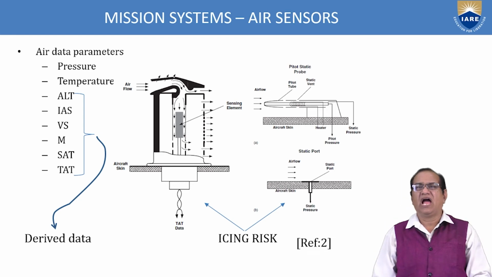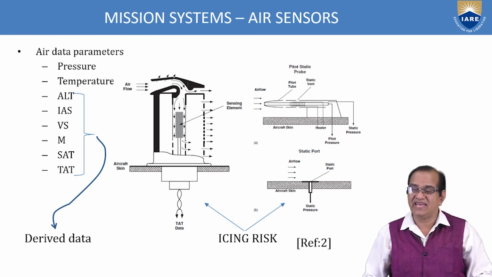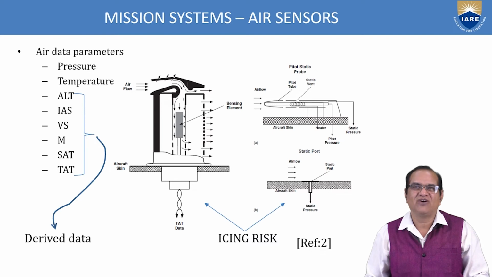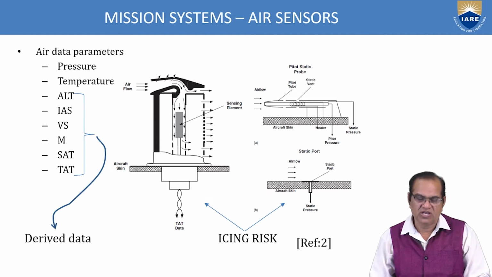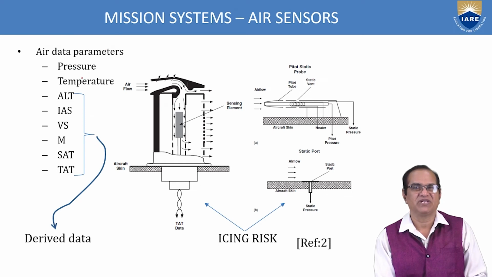So here I will talk about the mission system. Only the sensors I will talk about here. That is the air sensors which are operated. Mostly we take the pitot tube for this. For temperature we take the thermometer. Pressure also we take. All different things are here. If you see the air data parameters, we need the pressure and we need the temperature.